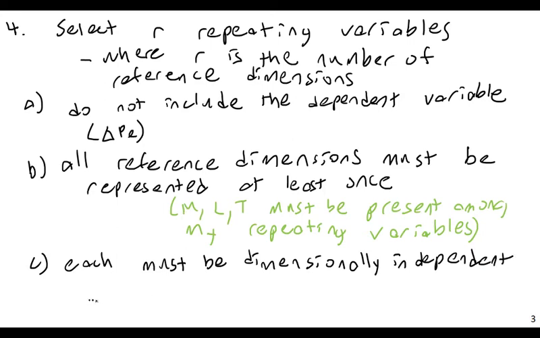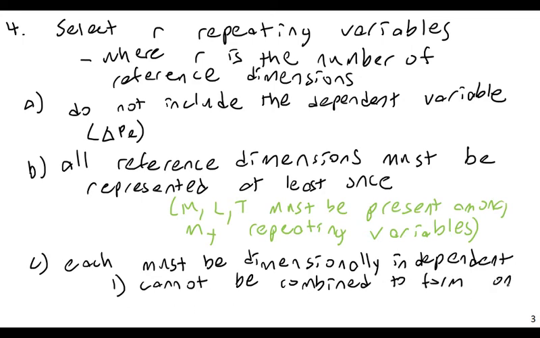In other words, one, they cannot be combined to form one another. And two, they cannot form a dimensionless number by themselves.